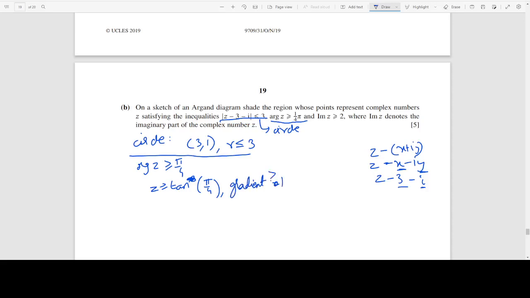Sorry, it has to be greater than or equal to 1, and it starts from 0 comma 0 because it's arg z.